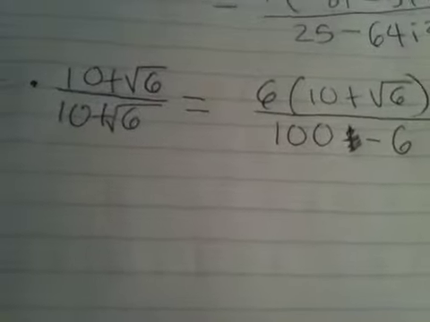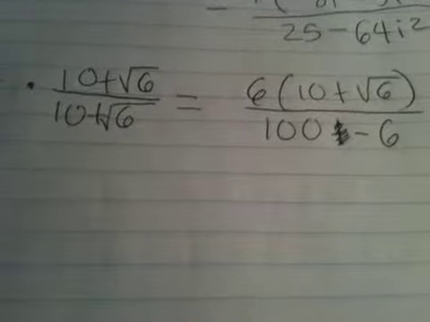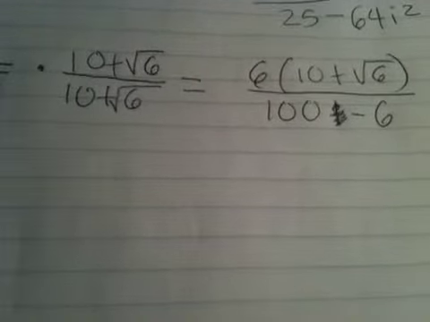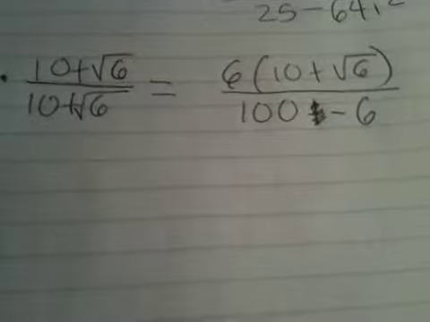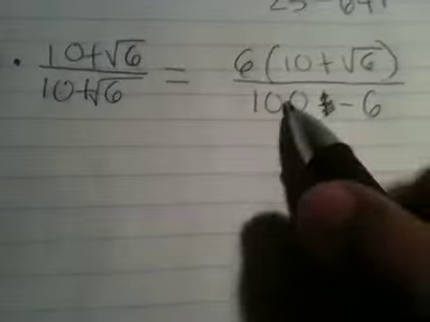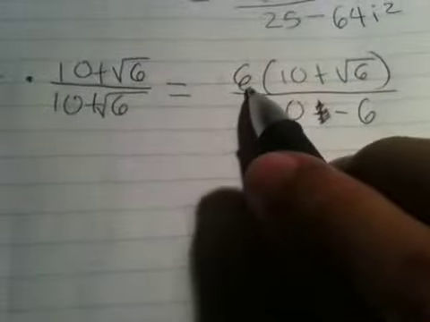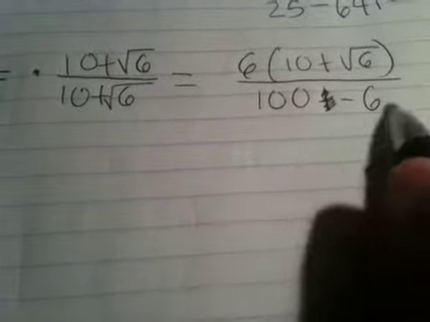Because if you multiply the square root of 6 by itself, you get 6. It's a no-brainer. So that's 100 minus 6. So what you get is 6 times 10 plus root 6 over 100 minus 6. Work that all out, you get 60 plus 6 root 6 over 94. Final answer.